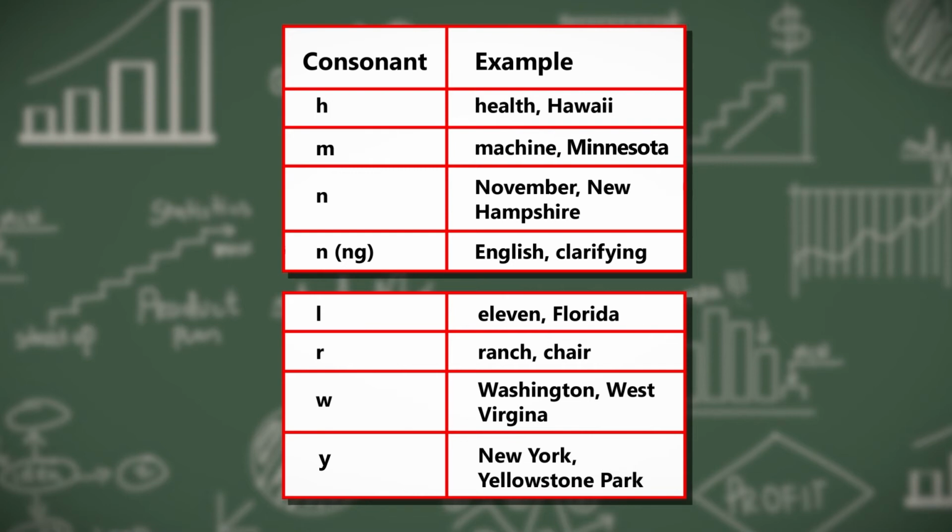Example: English, clarifying. Consonant L. Example: Florida. Consonant R. Example: ranch, chair. Consonant W. Example: Washington, West Virginia. Consonant Y. Example: New York, Yellowstone Park.